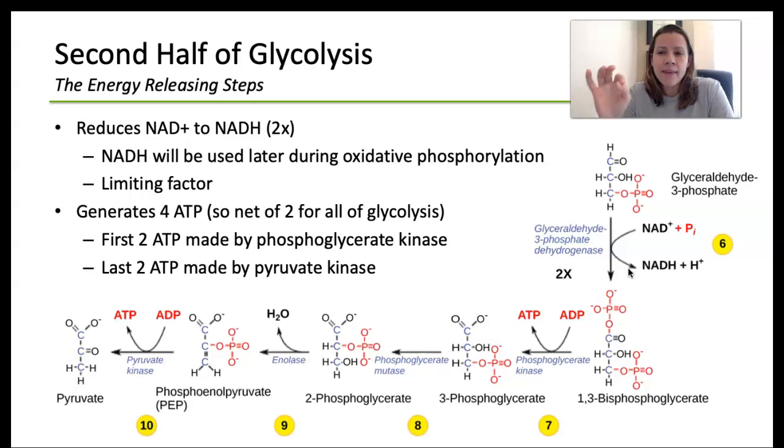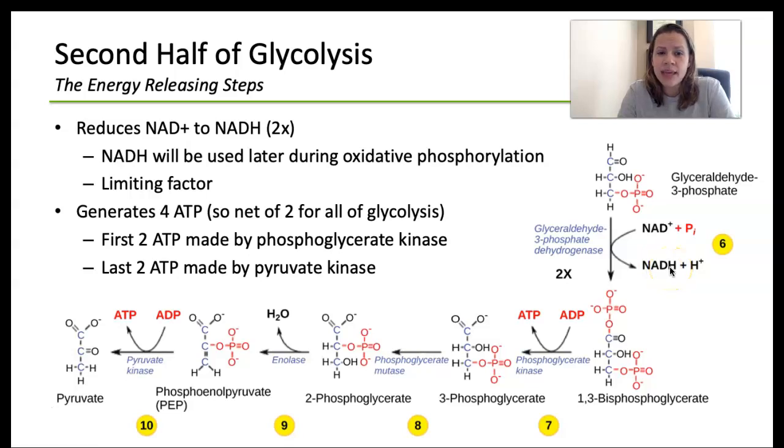The big important takeaway here is that, see over here it says 2 times, it's going to happen 2 times because we made 2 of those 3-carbon glucose derivatives. We have 2 times happening that we're going to reduce NAD plus into NADH.